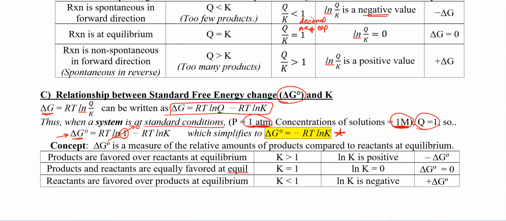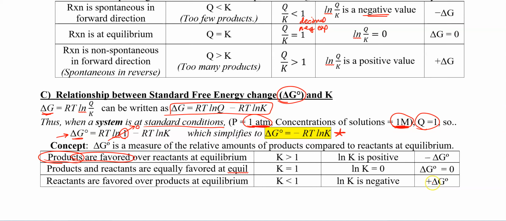So anytime you have a negative delta G naught, it's telling you that at equilibrium, you are going to be favoring products over reactants, okay?